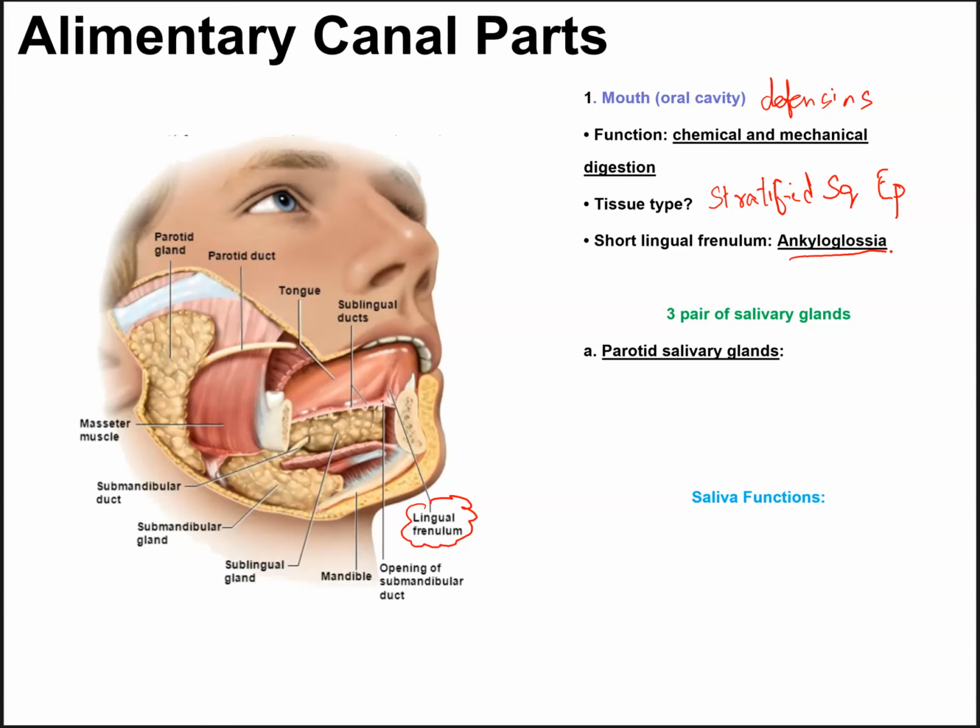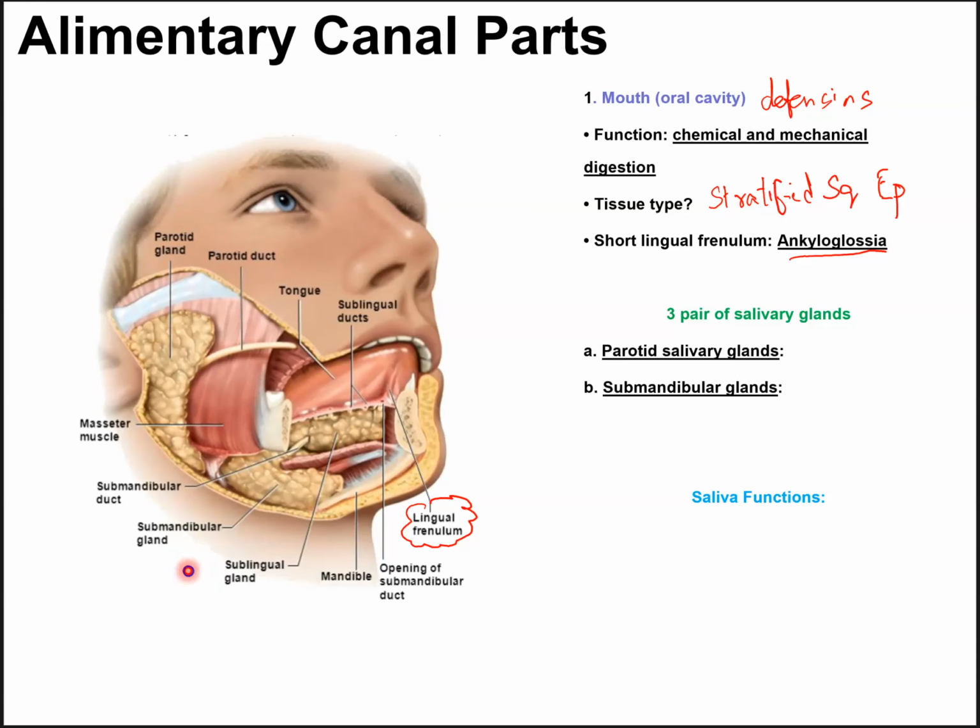So the mouth contains 3 main pairs of salivary glands. The first gland is the parotid salivary gland, which is right over here. The parotid salivary gland is near the site where mumps infection happens, and the next gland is the submandibular gland.